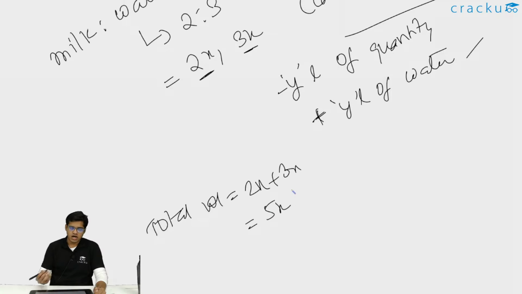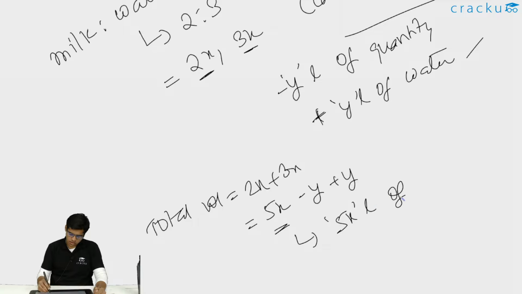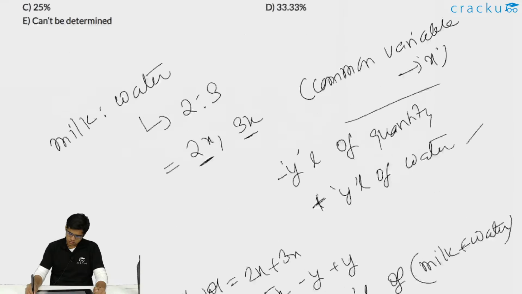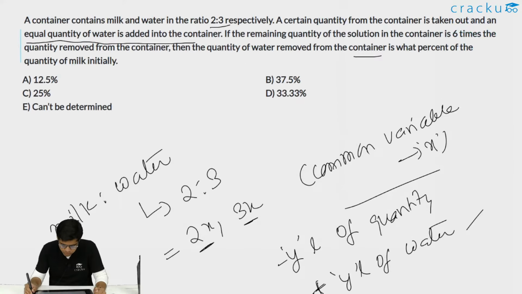Now after this replacement, means after taking y liters and adding y liters, how much is the total volume? Total volume is 5x liters of milk plus water. So the remaining quantity is basically 5x.